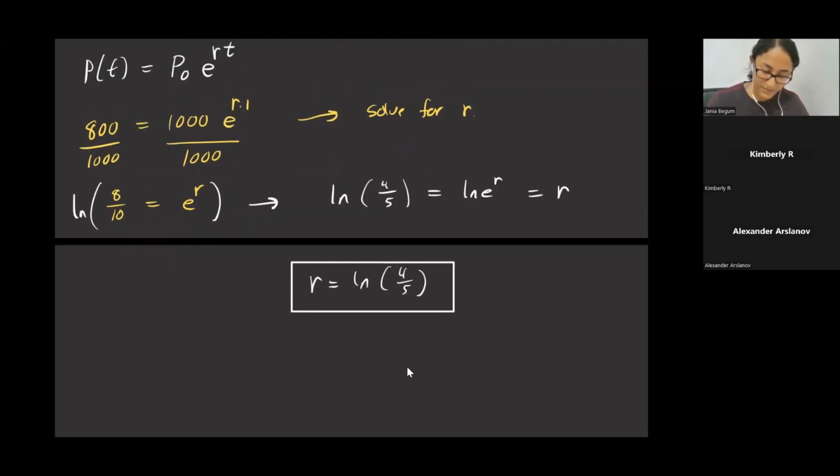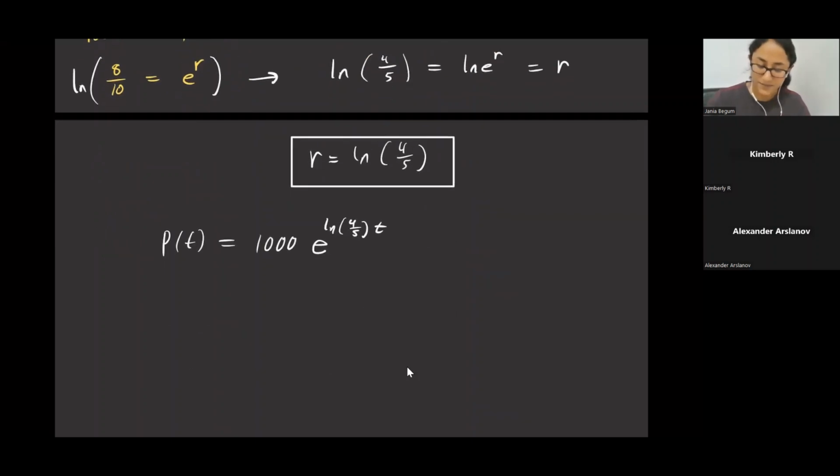And now let's figure out the model. The model is P of t is equal to the initial amount, which is 1,000, times e to the power of ln of 4 over 5, that's our r, times t. Now here you should simplify it. Every time you have e and ln next to each other like that, you can cancel them. So your simplified model would be 1,000 times 4 over 5 to the power t.